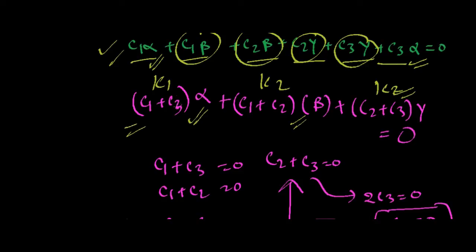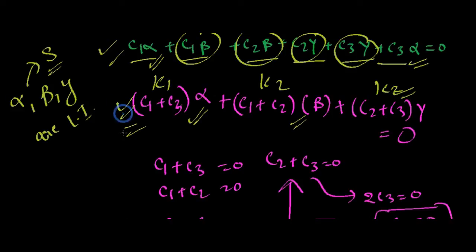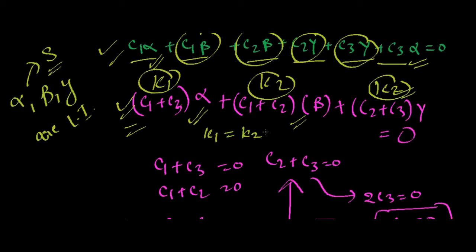But we know that alpha, beta and gamma are linearly independent because they are the elements of basis S. So we can say that this can only be true when k1 equals k2 equals k3 equals 0.